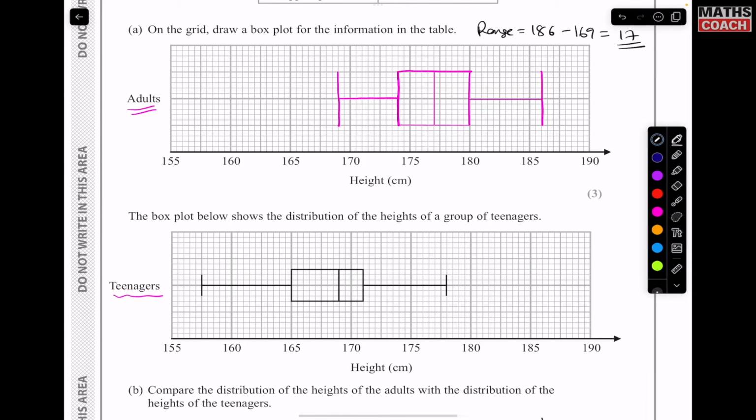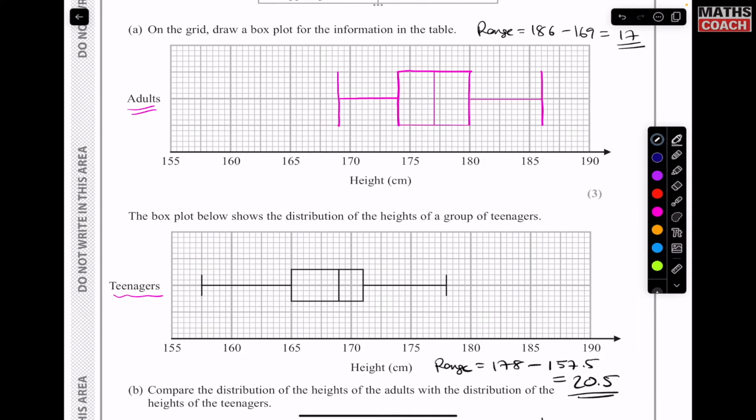Now if I work out the same thing for the teenagers, their highest is 178, minus their lowest, which is 157.5. And that gives us 20.5.